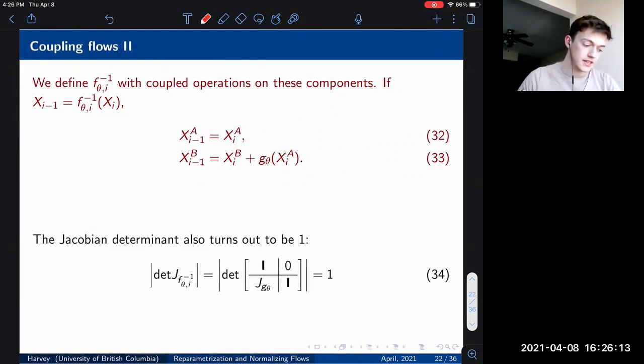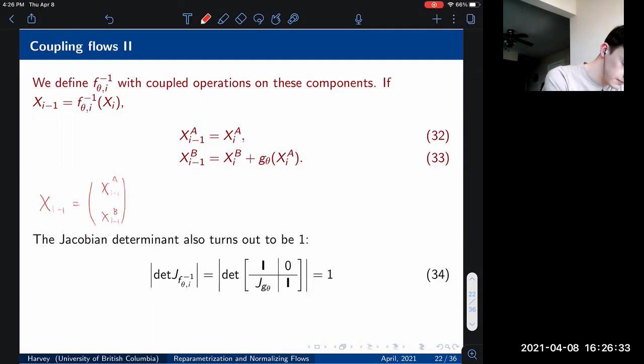To see that, I will try to write this out a bit. Imagine that we have x_{i-1}, and let's say the way we partition it, we have x_{i-1}^A on top and x_{i-1}^B on the bottom. So then we want to know the Jacobian.